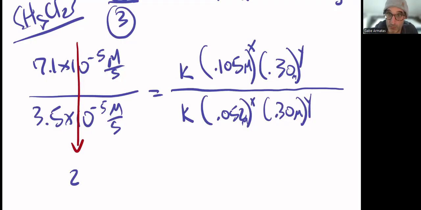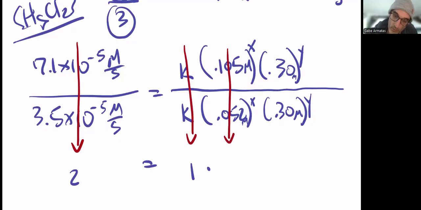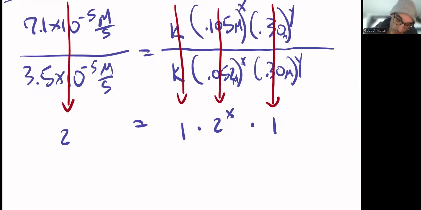K over K cancels, it is equal to 1. 0.105 over 0.052 turns out to be 2 raised to the X. And then finally, 0.3 to the Y over 0.3 raised to the Y is simply equal to 1. So we end up with 2 is equal to 2 raised to the X. X is equal to 1.